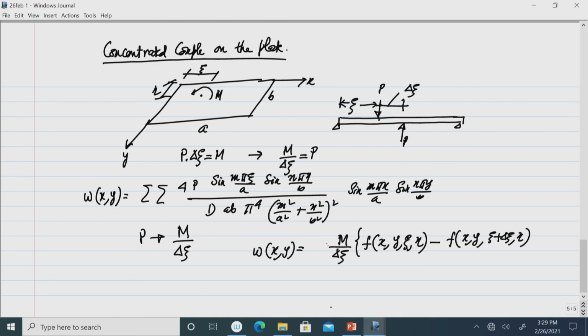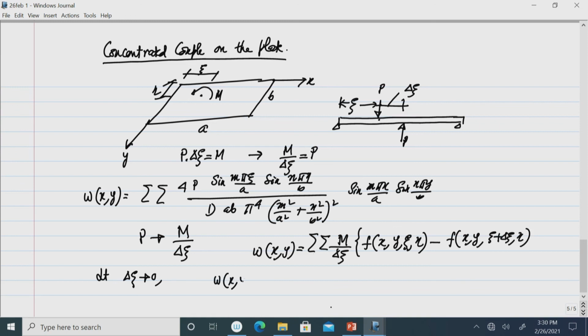And the summation process is there, of course; you cannot ignore this. Then in the limit when d xi tends to 0, we get the effect of the couple.